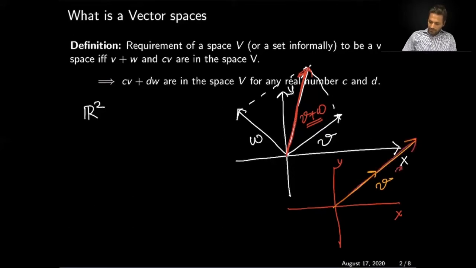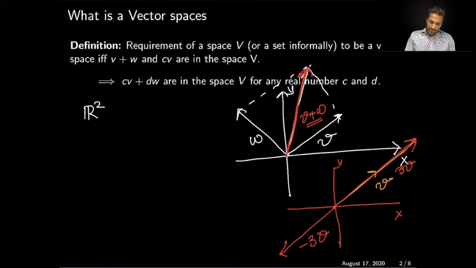So 3V is this red vector now, and you can see that it stays in the XY plane. Even if you multiply that vector by -3, it reverses the direction of the vector, but -3V still stays in the XY plane.